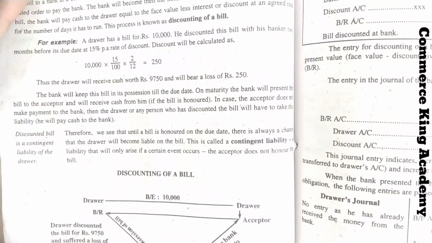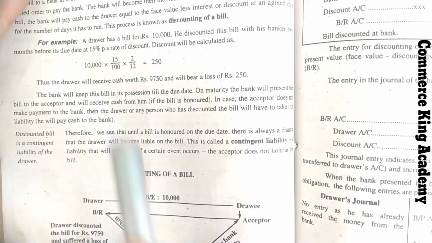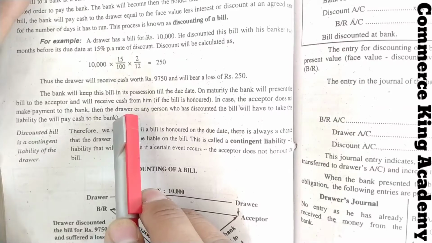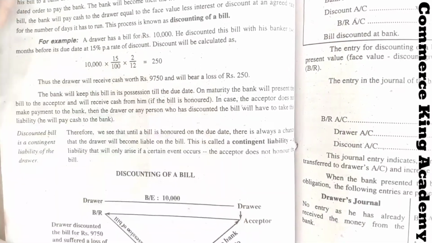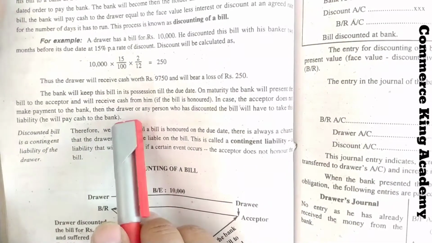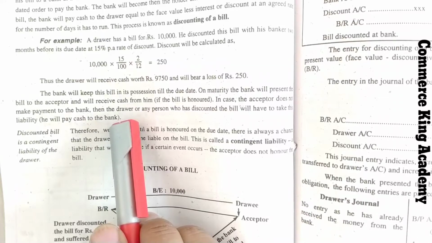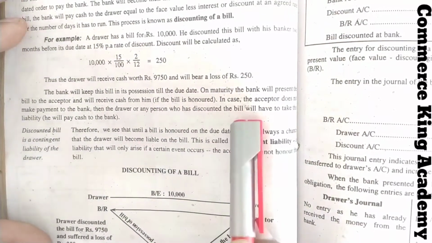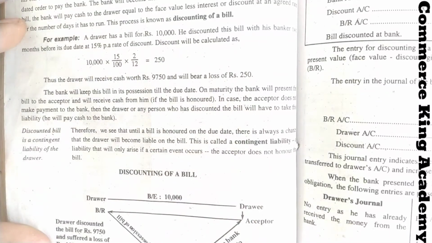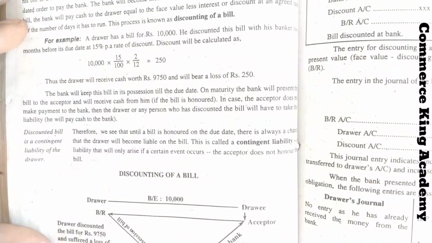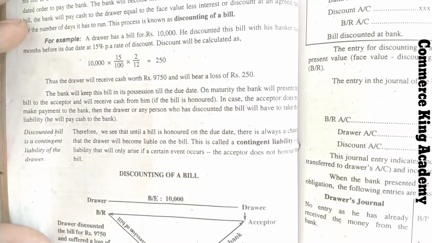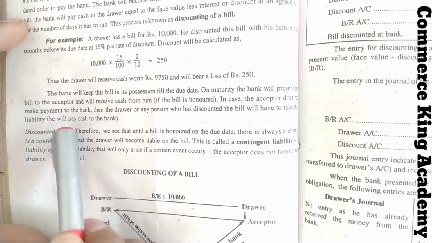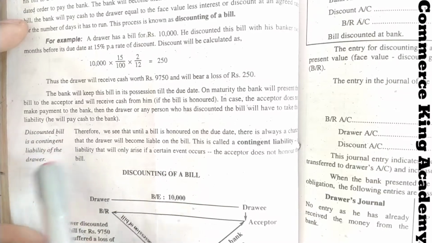So the first liability in the eyes of the bank will be the receiver of the discounting, the drawer or any person who discounted the bill, in case of dishonor of the bill by the payer. Understand? A discounted bill is a contingent liability of the drawer.